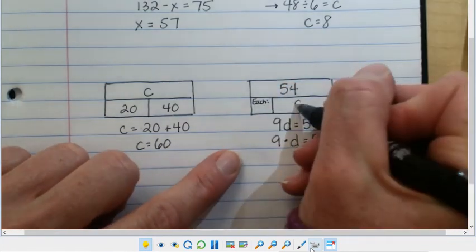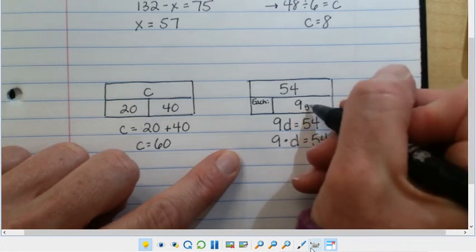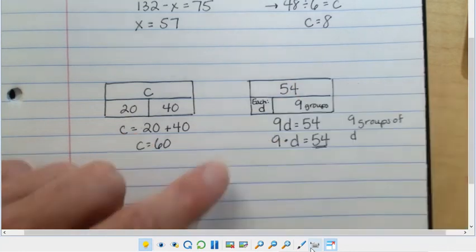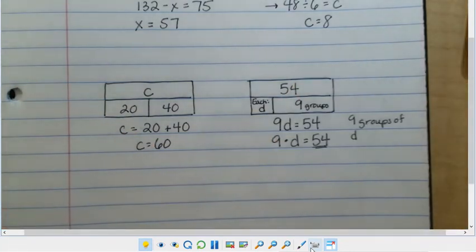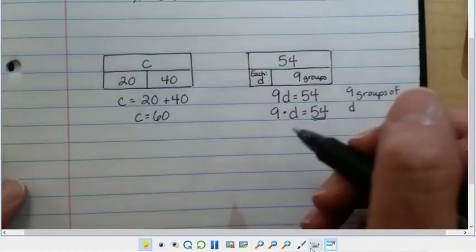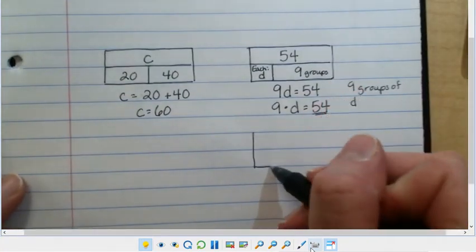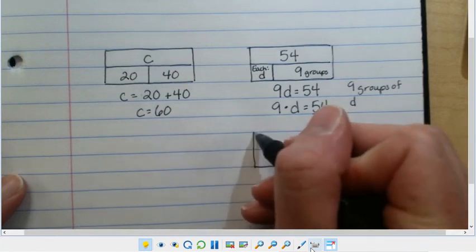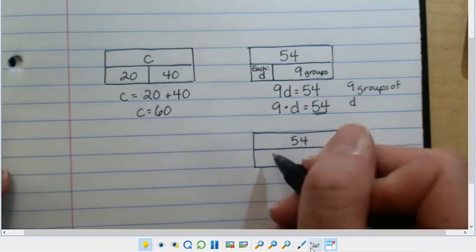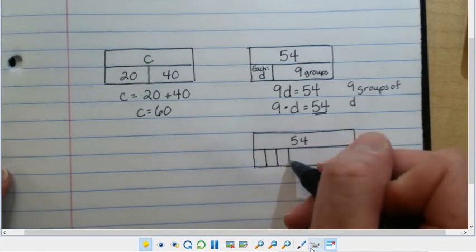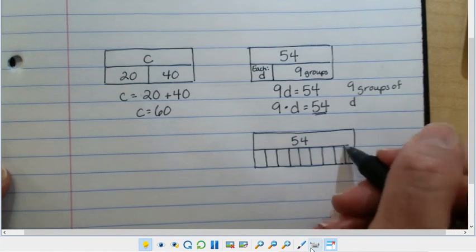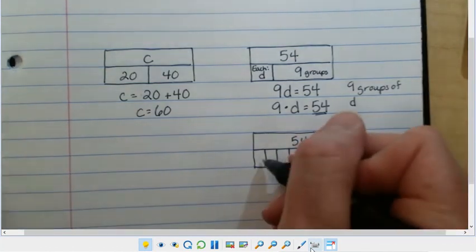So this would be 9 groups, and each one is D. You could have also drawn it like this, would have been completely fine too. You could have done 9. 1, 2, 3, 4, 5, 6, 7, 8, 9, like that too.